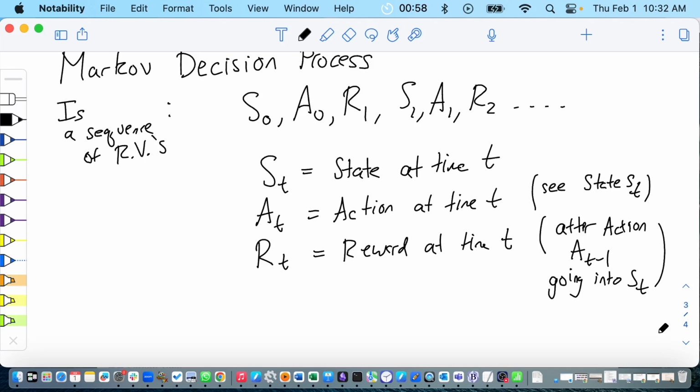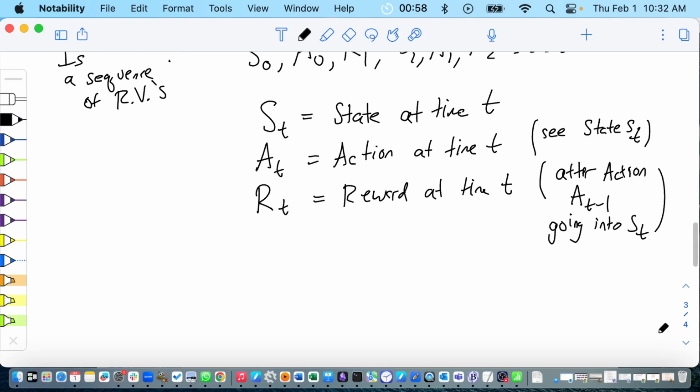That was counting the steps. Let me give you some examples, just so you know what to think about as we go. The only new thing, like you've seen the St and the Rt, the new thing is the actions.